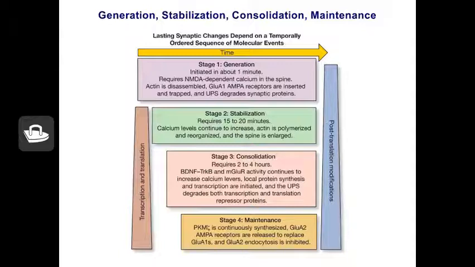And lastly, let's address the vertical bars at the sides of the figure, including the brown one that I mentioned a few minutes ago. But I'll start with the blue vertical box that points out that post-translational modifications are involved in all 4 stages of LTP.